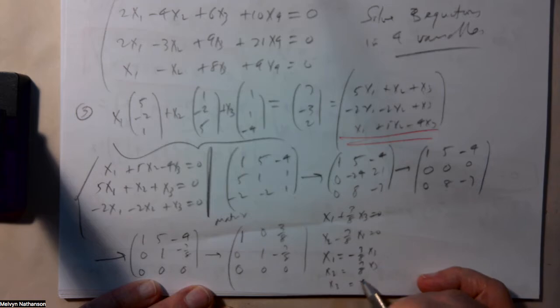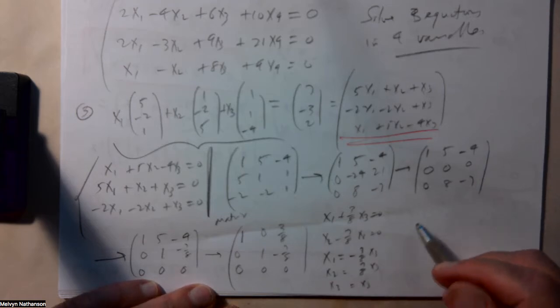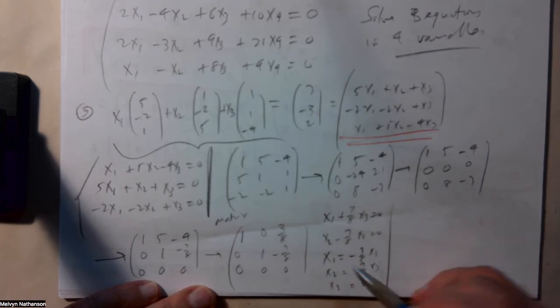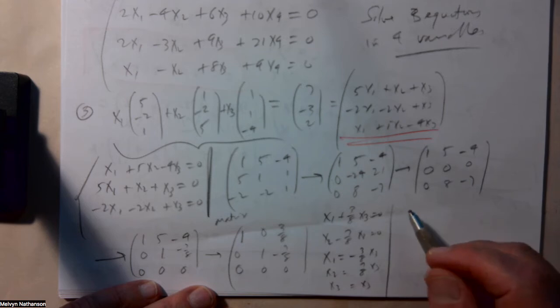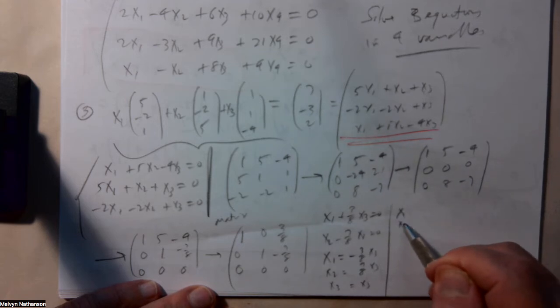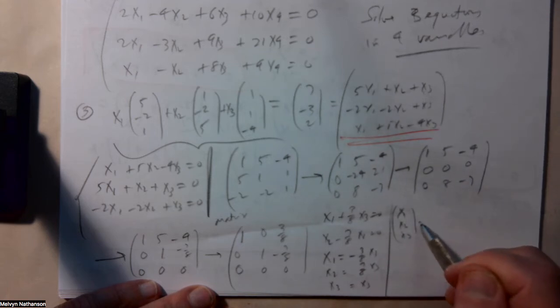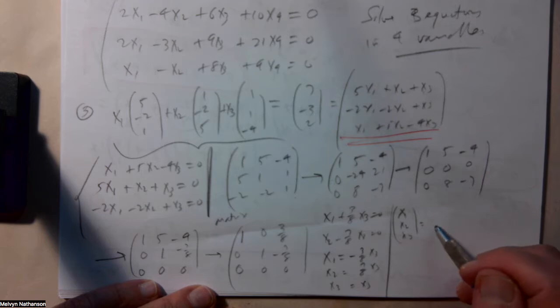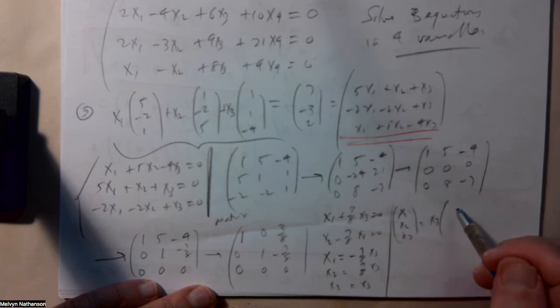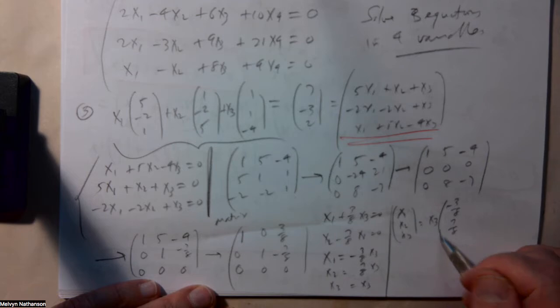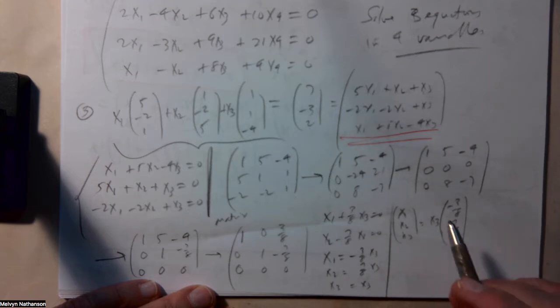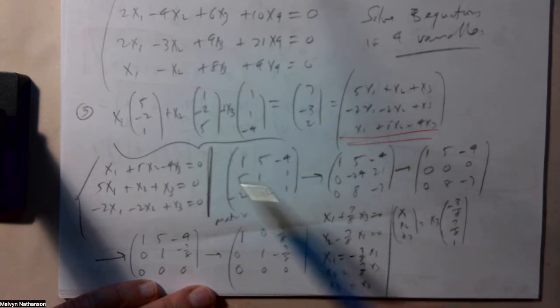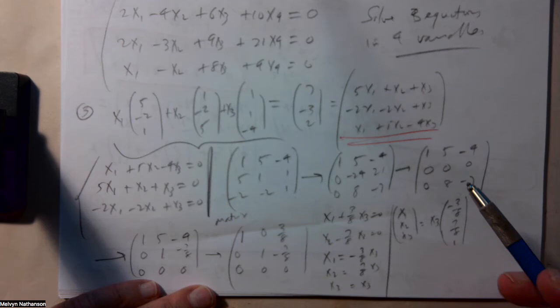And x3 is going to be x3. So any solution of this system of equations, x1, x2, x3, is a vector of the form x3 times the vector (minus 3 over 8, 7 over 8, 1). And if I want multiple solutions of this system, I take different values of x3.